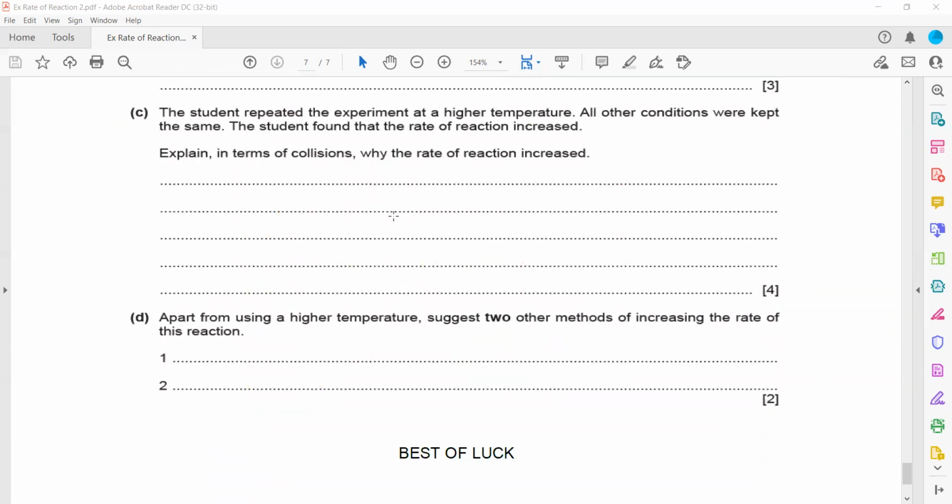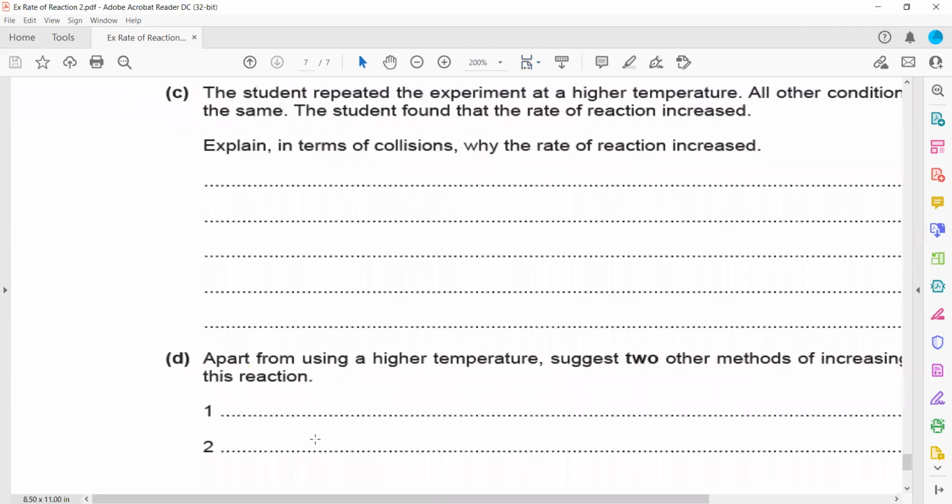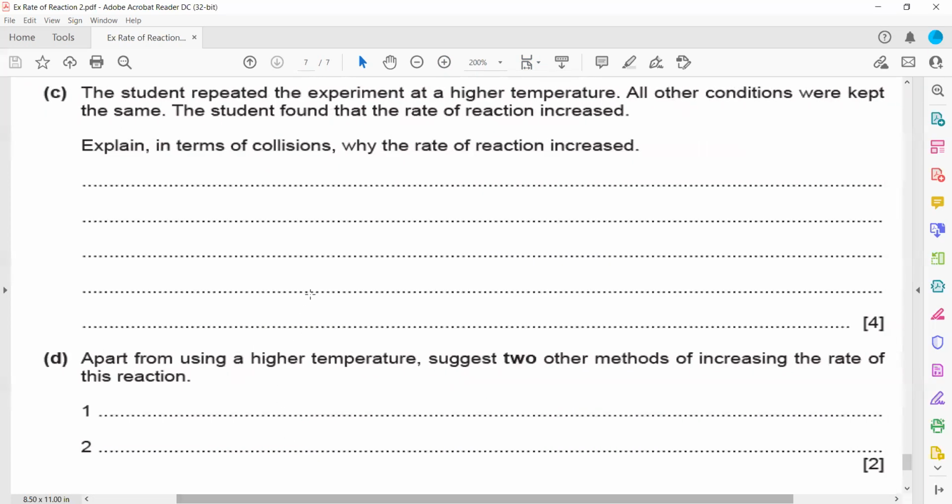Then question 3, the student repeated the experiment at higher temperatures. Same question, same pattern, but it's of 4 marks. So the same answer I should write. What I will write in terms of collision, we have to explain this. So first thing we'll mention the rate will increase, because as we increase the temperature, rate will increase.